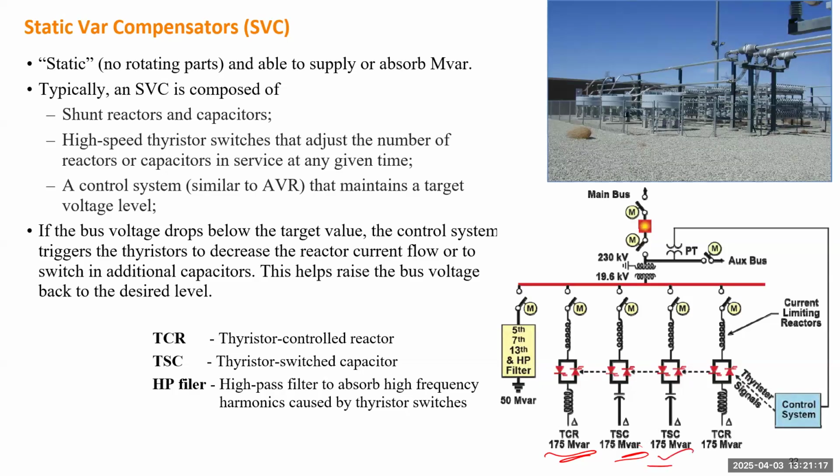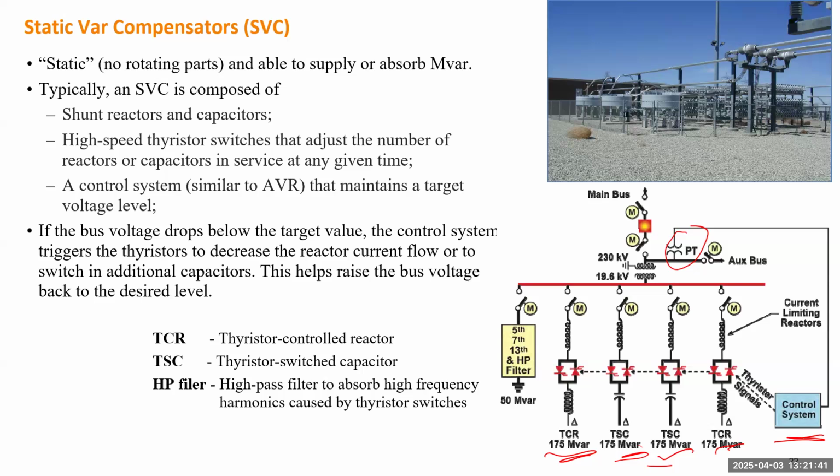They have a number of capacitors, and this is also a reactor. This is a control system similar to an AVR. It can measure the voltage. Here we only assume you measure voltage, but if you want to add load compensation, you can also measure the current. So you have a PT and a CT as the measurements.